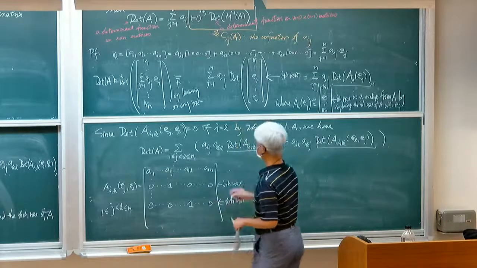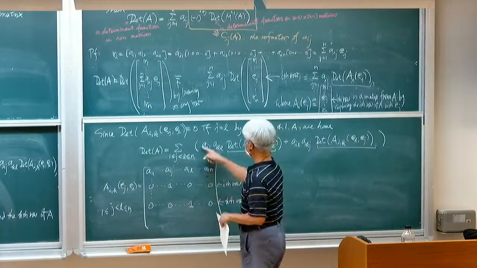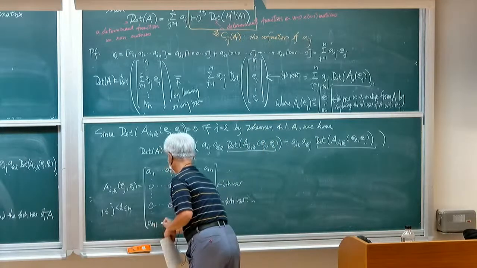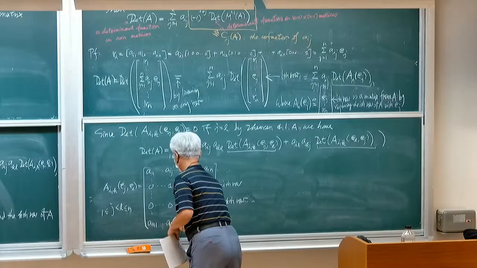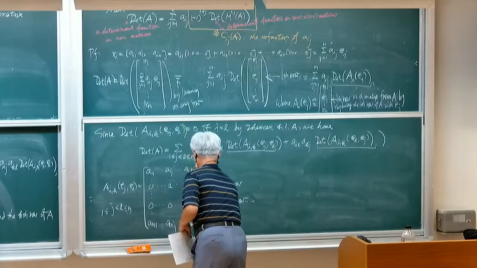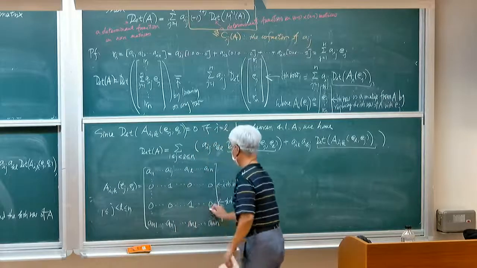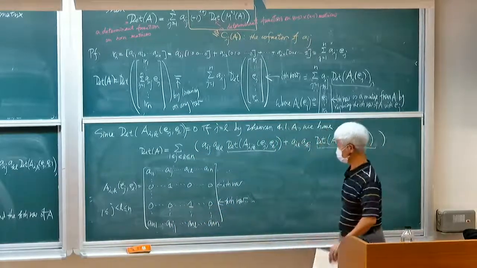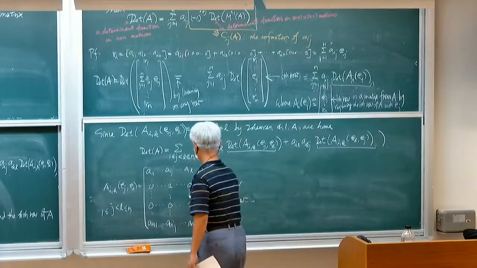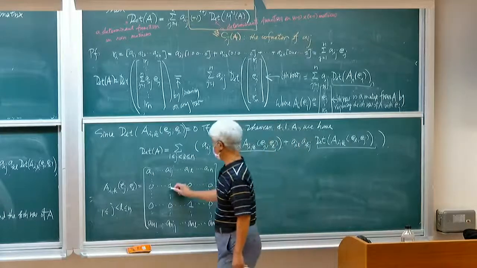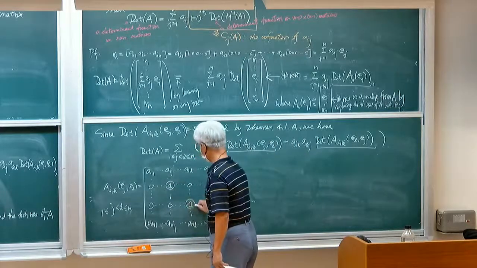Okay? So we have KL entries here, IJ entries here, and this is A_N1, A_NJ, A_NL, A_NN. Now we have this one and this one.